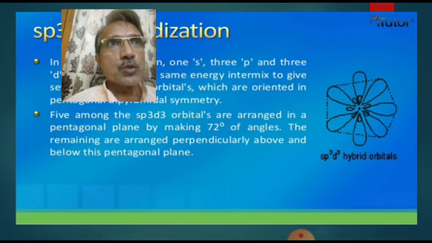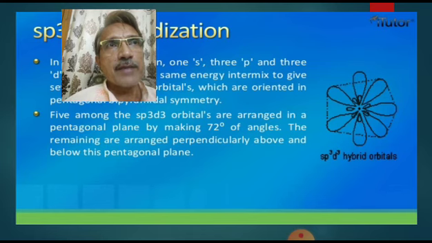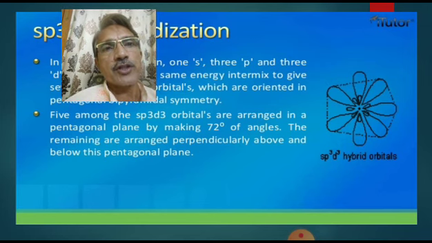For sp2 type of hybridization, formation of BF3 molecule and C2H4 molecule can be taken into consideration. For sp3 hybridization, formation of methane, CH4, ethane, C2H6, ammonia, NH3, and water, H2O may be taken into consideration.